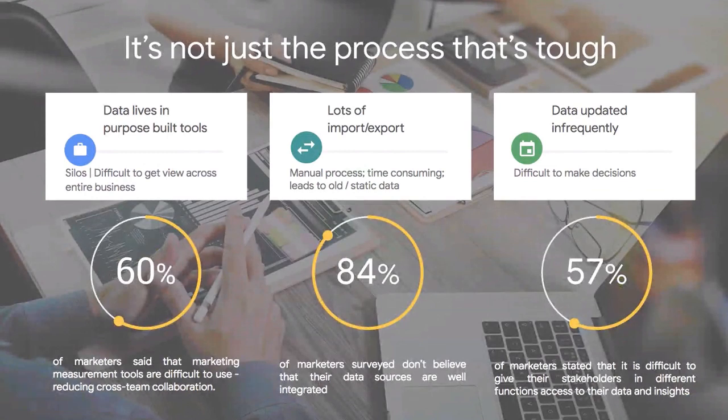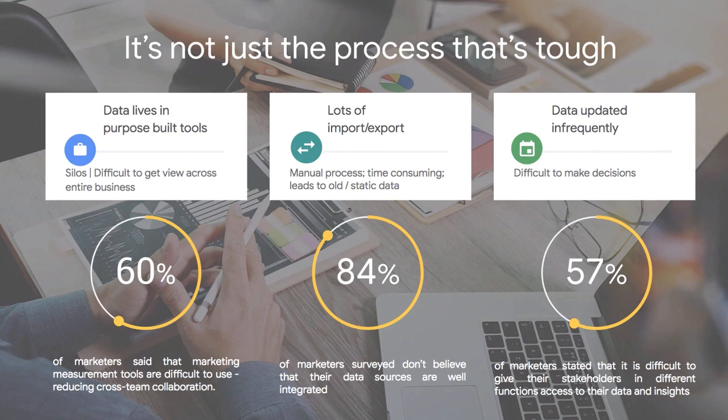We have numbers here from surveyed marketers, and we highlight three main areas that they told us they are struggling with. The first one is that data lives in purpose-built silos. 60% of them said that measurement tools are difficult to use and reduce cross-team collaboration.